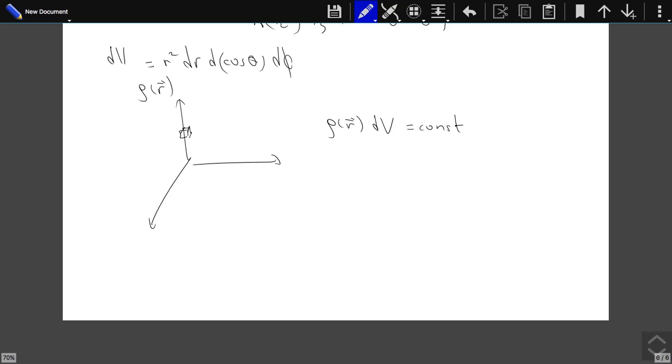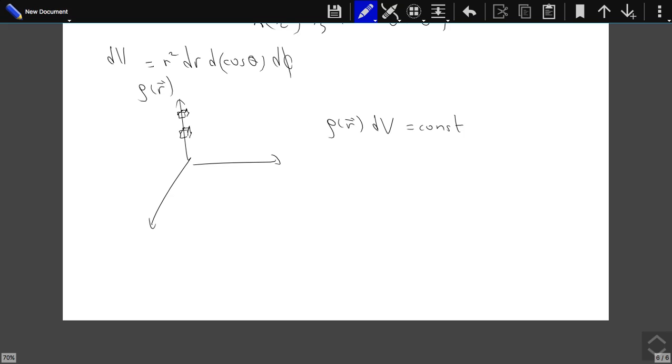That's what uniform charge distribution basically implies. Whether I take this volume over here or over here, as long as I am inside my rod on the z-axis, it should be constant. It shouldn't change as I move away.